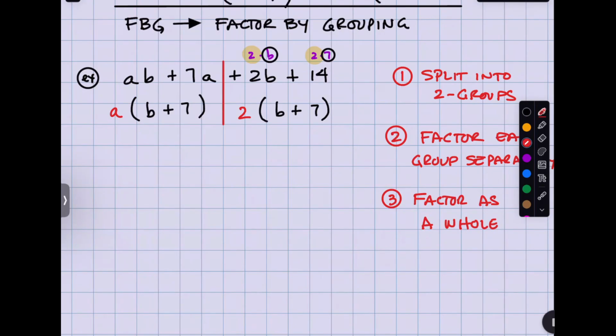Meaning now you got to look at the whole thing. What's in common? B plus 7. And what's left?